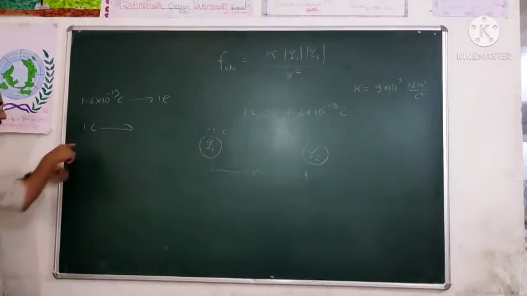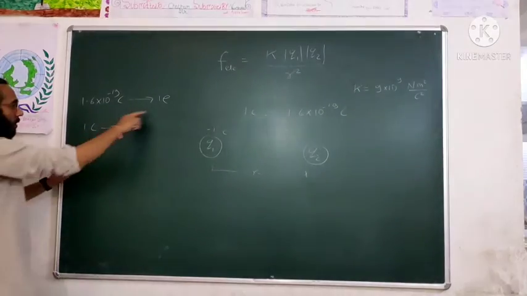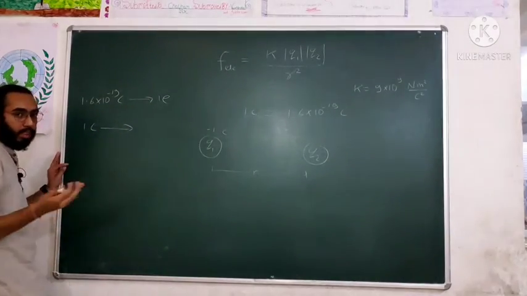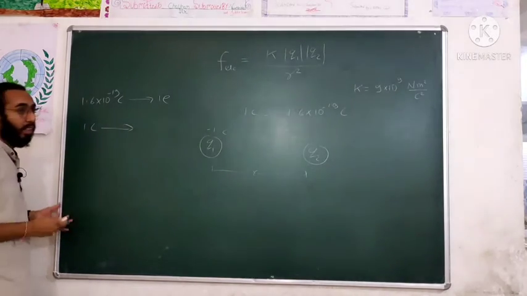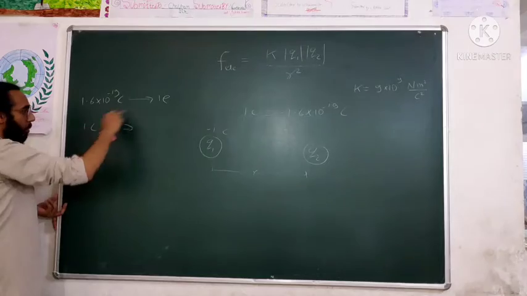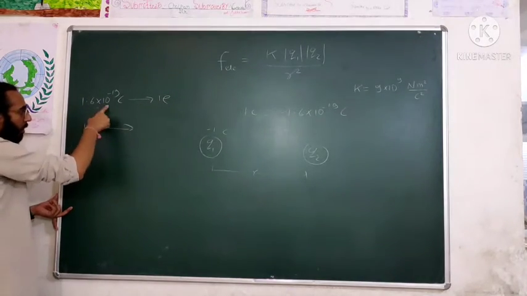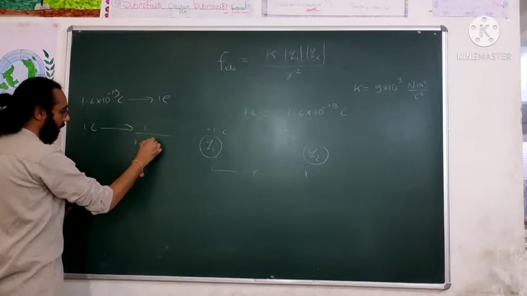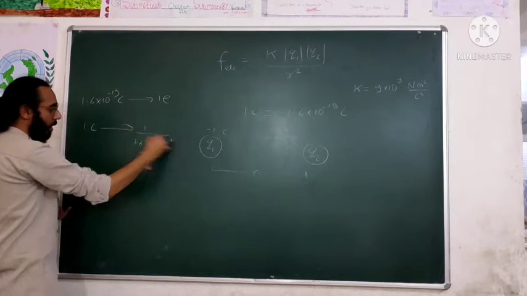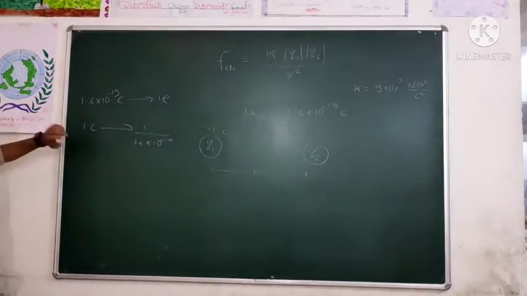So how many electrons are there in 1 Coulomb of charge? We use the unitary method, which we studied in class 6: multiply by this and divide by this number. So 1 into 1 upon 1.6 into 10 to the power minus 19 is this many electrons.